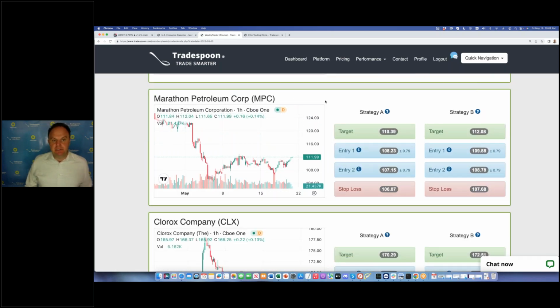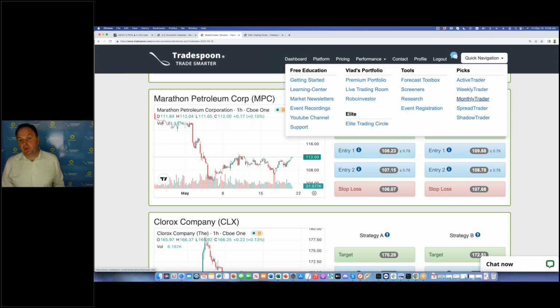Energy names, the model sees an uptrend. So we have weekly trader and monthly trader. So these are some of the trade idea generation. If you have a trading plan, you've been trading, you're confident, you're just looking for ideas, these are some of the trade idea picks that we have.